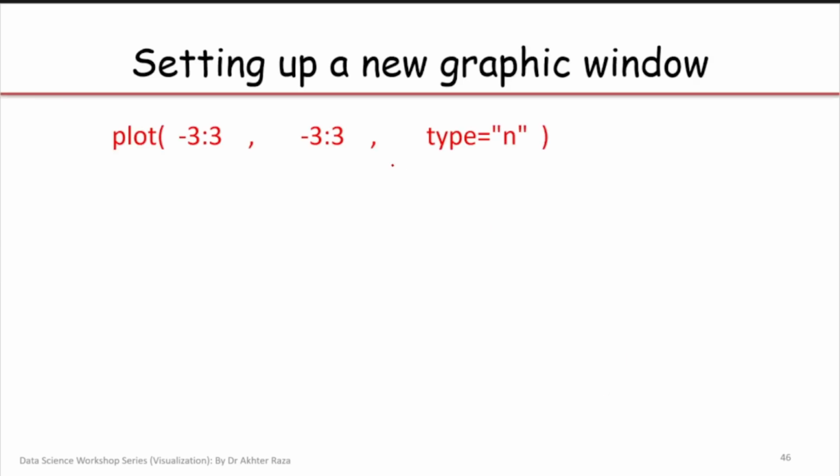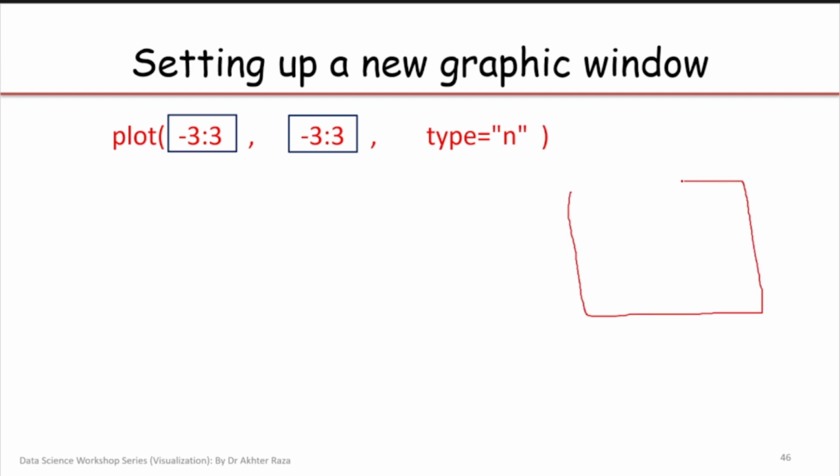This command will do a new plot, a blank screen with the x-axis scale of -3 to +3 and the y-axis scale of -3 to +3. So what is -3 colon +3? It indicates from -3, -2, -1 and so on. So this new window will be like it.